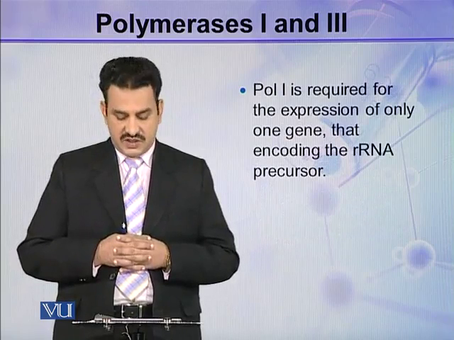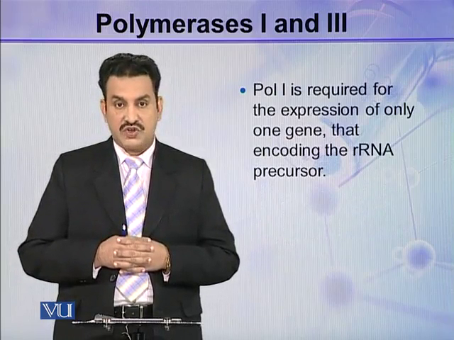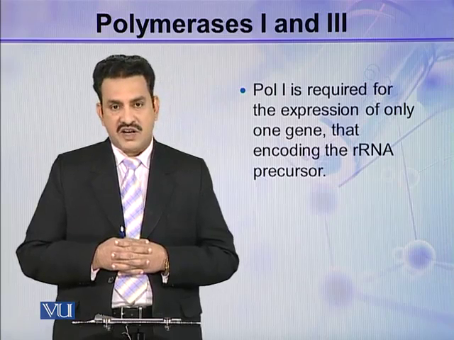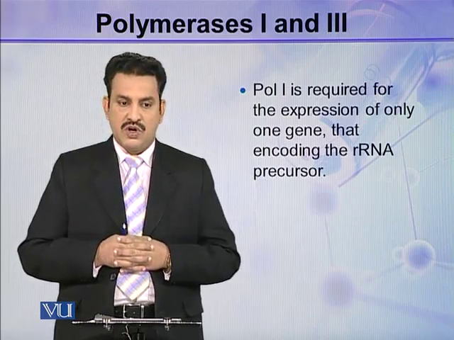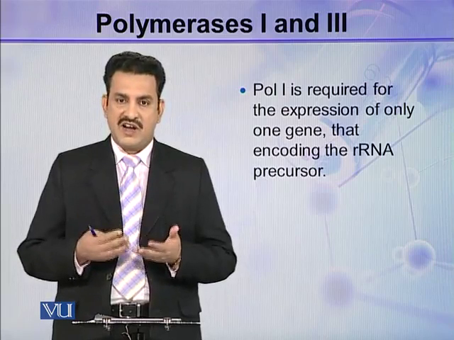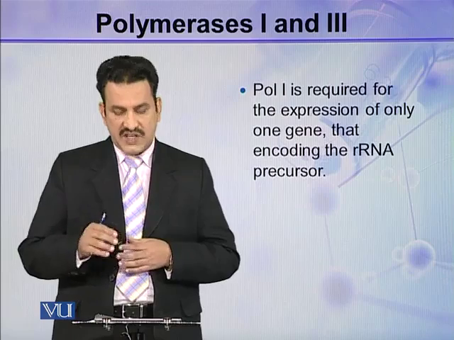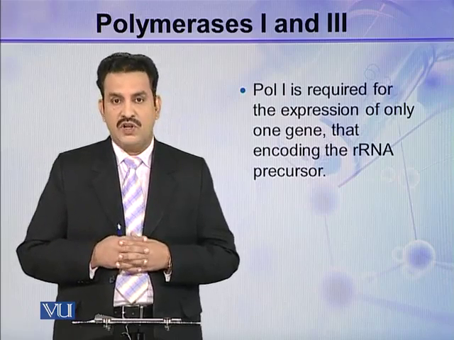Polymerase 1 is required for the expression of only one gene, that encoding the rRNA precursor. So, the gene responsible for the synthesis of rRNA is transcribed by pol 1.